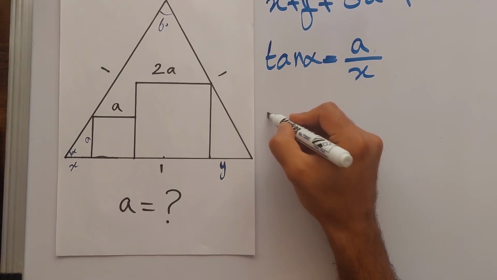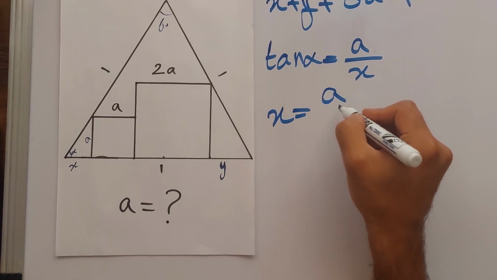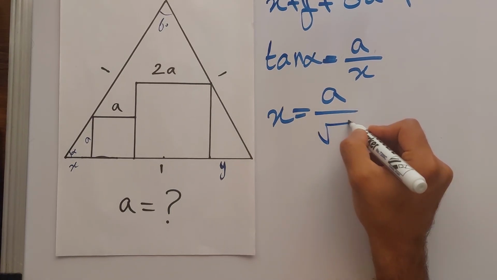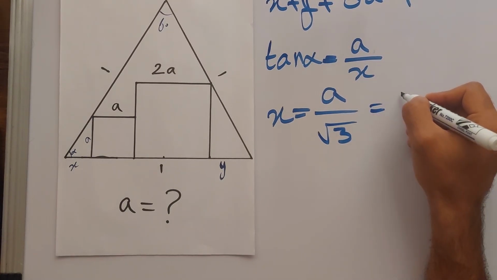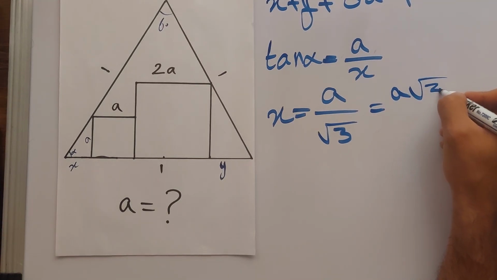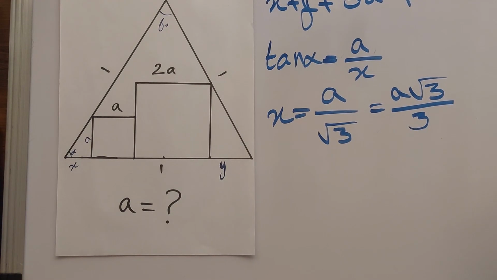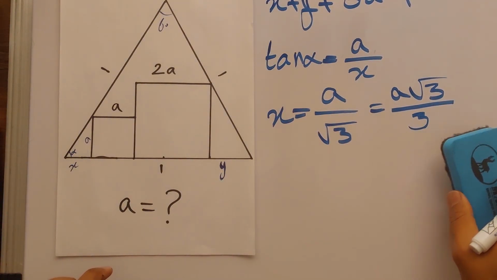In other words, x equals a over tangent of 60 degrees, which is square root of 3. Or, to make it simpler, a square root of 3 over 3. So we have the first value of x here.